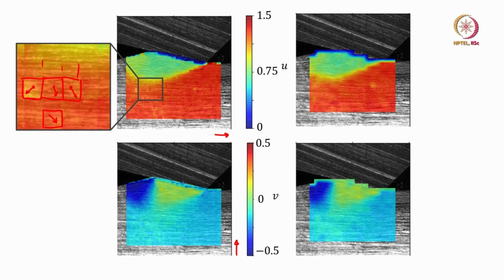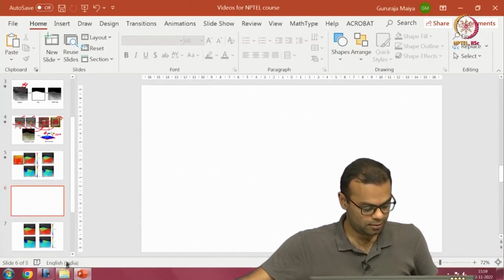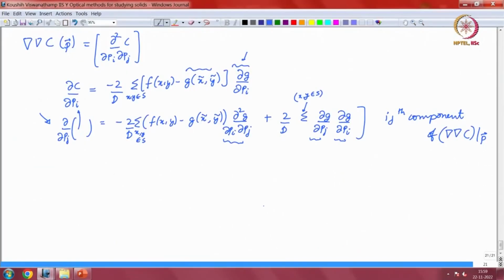So, that really constitutes the basic set of things that you will do for getting a typical displacement field and typical strain field. Now, the strain field is analogous. I am not going to show you that here, but the methods for evaluating the strain fields are analogous.